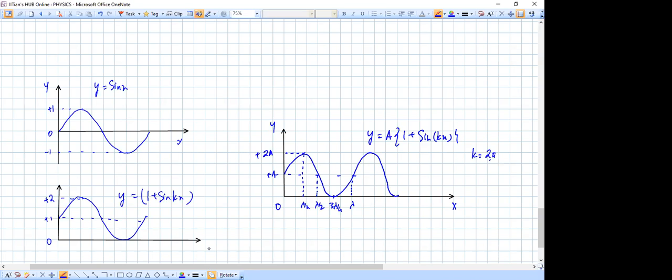Okay. Now we can also see that this point here, so let's understand these two values. So this is lambda by 6.